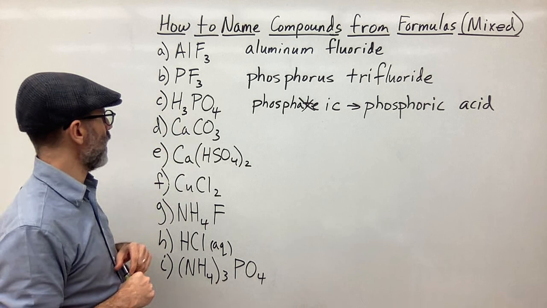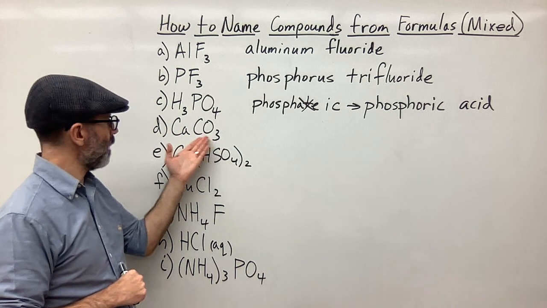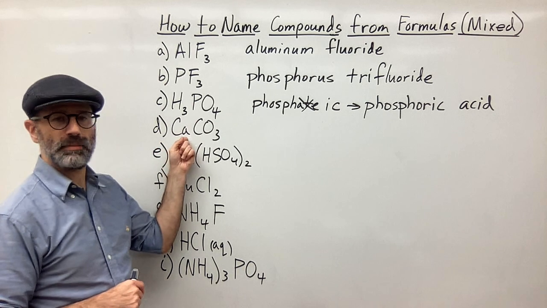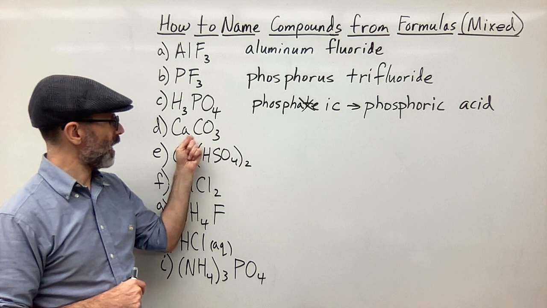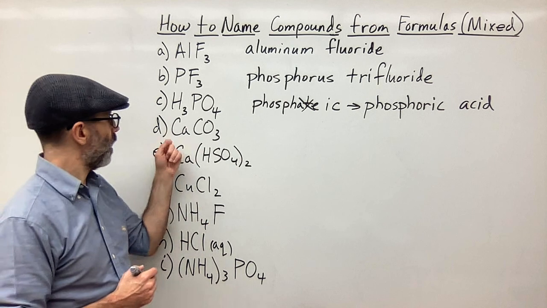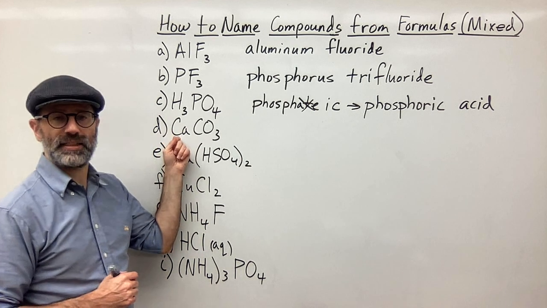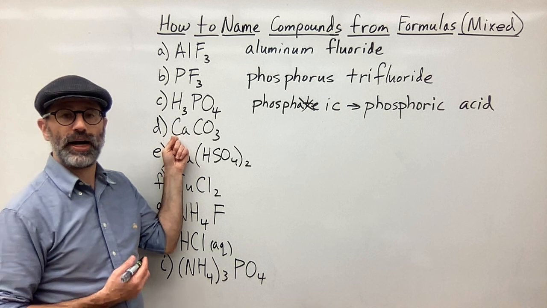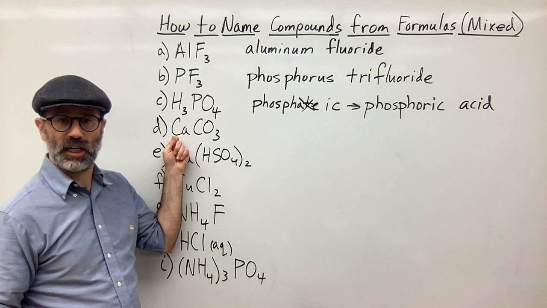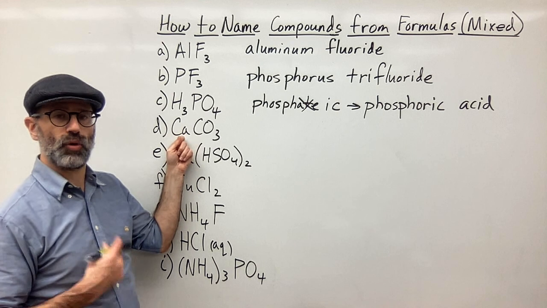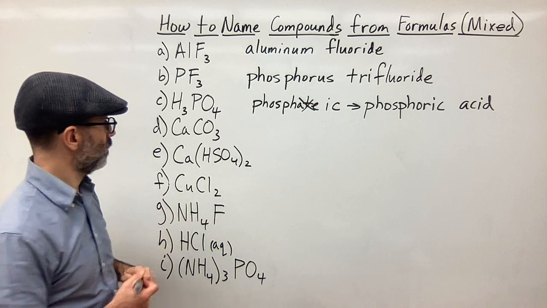Okay, so D, we have, again, our compound. Is it ionic or covalent? We have calcium as the metal, and we have carbon and oxygen. Those are nonmetals, so it is ionic. Second question, is the metal a main group element or a transition element? And we would say it's a main group or representative element, so it's only going to have one charge.